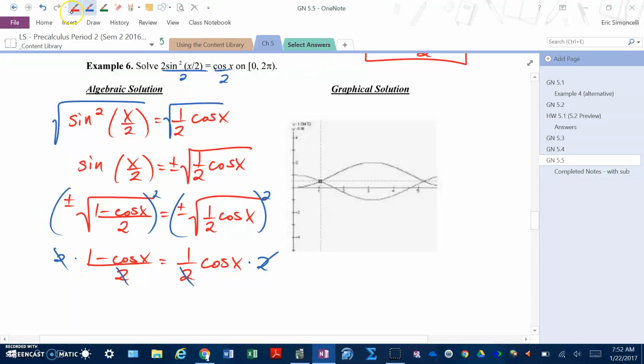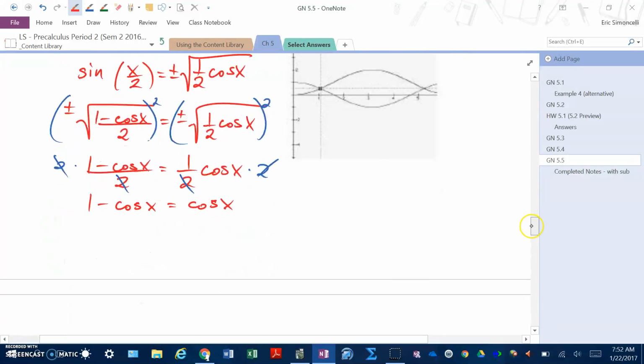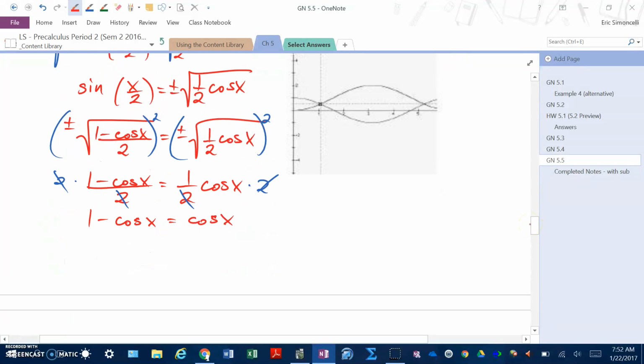And so from here, we have a much simpler equation: 1 minus cosine equals cosine. And because we still want to get cosine x by itself, we can add cosine to both sides. And so 1 equals 2 cosine of x, or if we divide by 2, cosine of x equals 1/2.